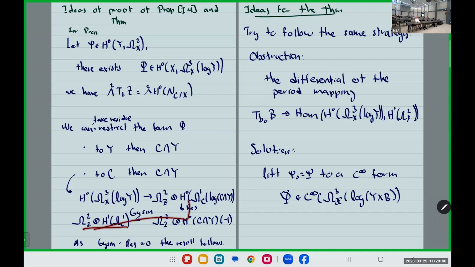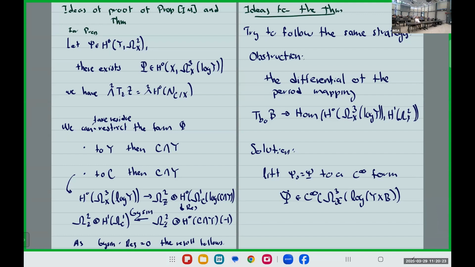And so this composition is going to be 0, and you will have to see that the diagram that you obtain also here, you obtain the same result, and so this is 0. And this is how you prove that the image of the parameter space is going to be Lagrangian.